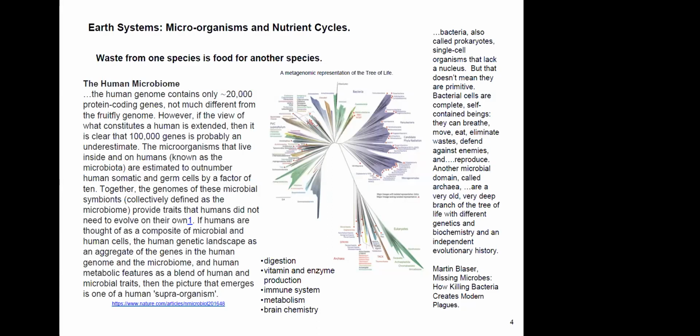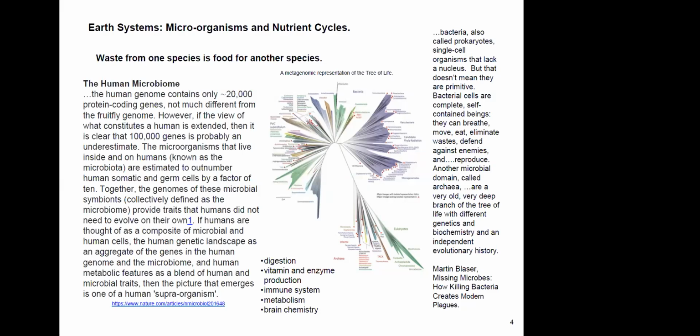But then if you look at the human species differently, and you look at us as the sum of all of the genomes that are on us, the microbial genomes, then something different starts to appear. It's a completely different picture. They've developed a way of sequencing, it's called batch sequencing, all of the genetic material on the human body.